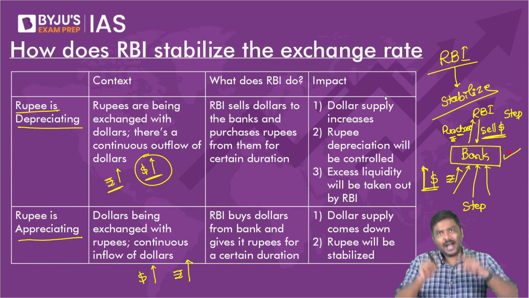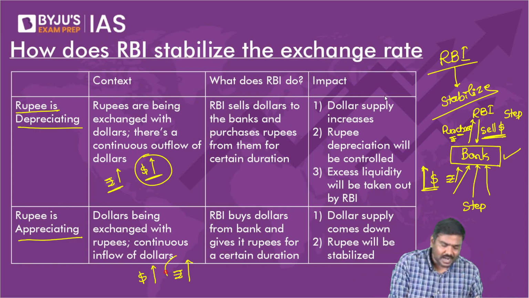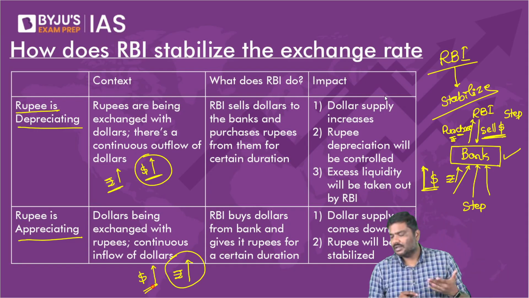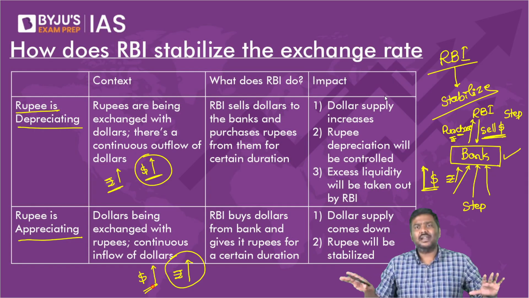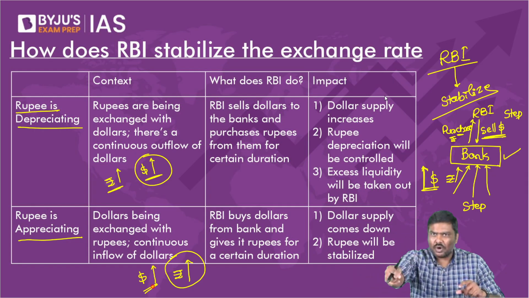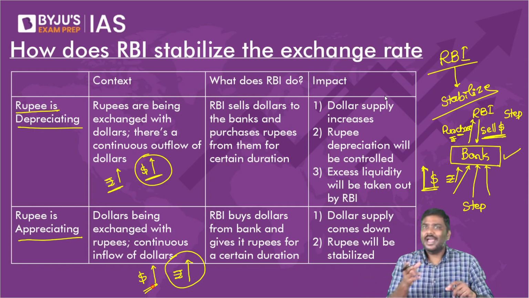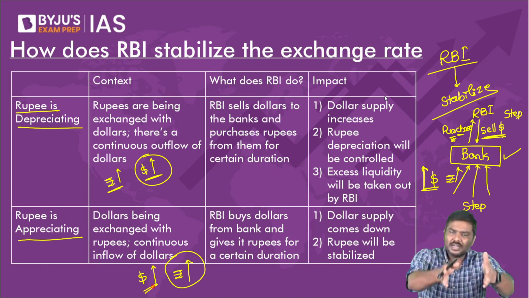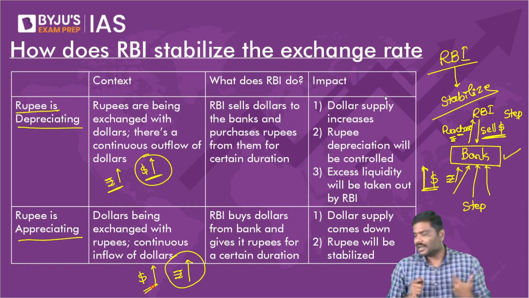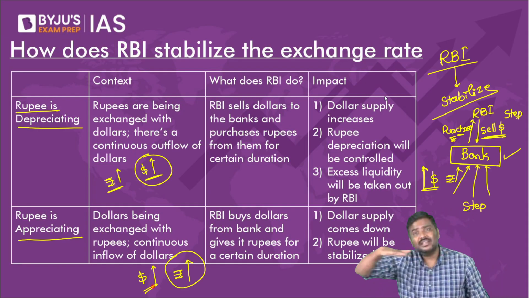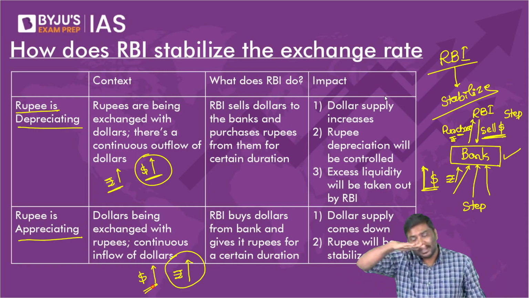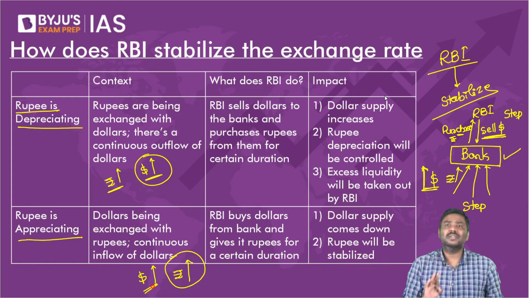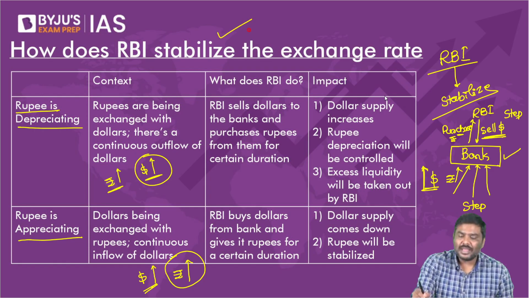RBI will go to the forex market, that is banks and other institutions, and will start selling rupees and purchasing dollars from the market. So the logic is very simple here. Anything which is supplied more, RBI will purchase. And in return, RBI will supply the currency whose demand is more in the market, thereby stabilizing the exchange rate. And that is the precise reason.